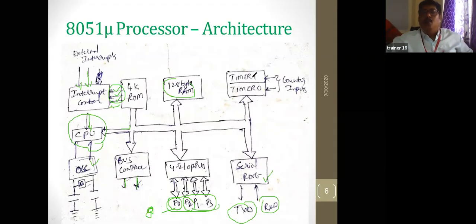And here these 2 timers are there, timer 1 and timer 0, and counter inputs. That means 2 counter inputs. That means in this 8051 microprocessor, there are 2 timers and 2 counters as inputs to the timer.